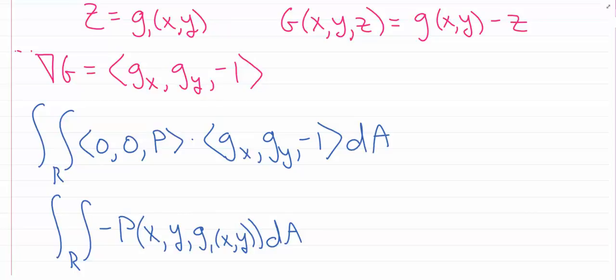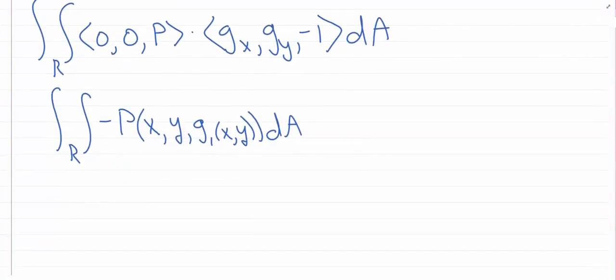Okay. Now, I think I'll leave that right there. So what we've done is we've got the bottom surface. Now, I'm going to look at the top surface. And the top surface is going to be very similar, but the difference is going to be this.